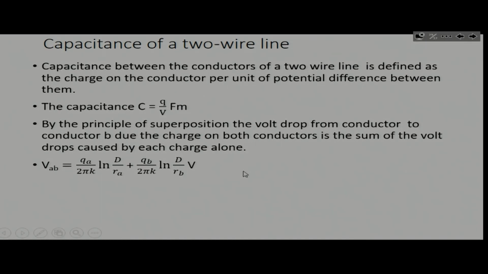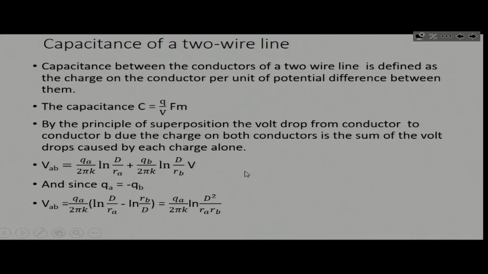So that is the voltage across those 2 points. And since QA is equal to minus QB, because the one line conductor is positive and the other one is negative, VAB can be expressed as QA over 2 pi k ln D squared over RA times RB.